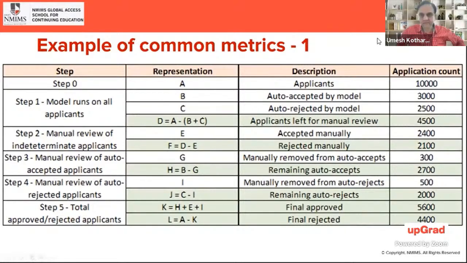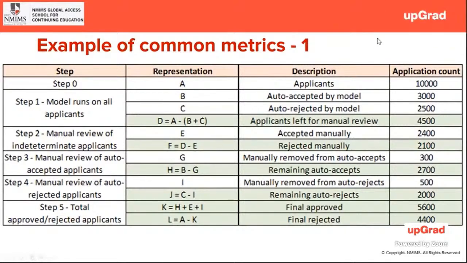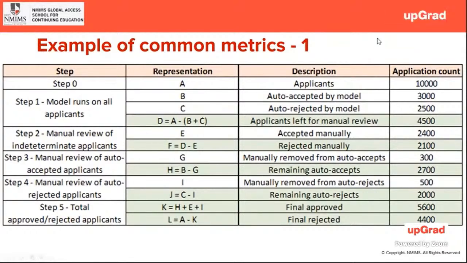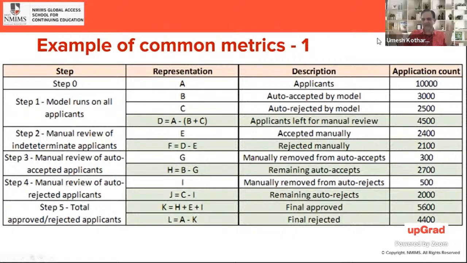And whatever is accepted has also been manually cross-verified and rejected. Do we need to take that into consideration for override? No. Override is basically the universe of auto accepts and rejects and what has happened out of that. So only the machine model. Yes. Okay. Thanks, Professor.